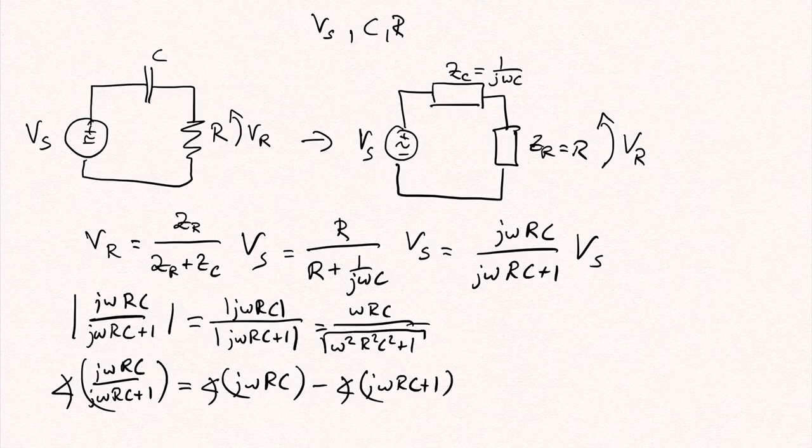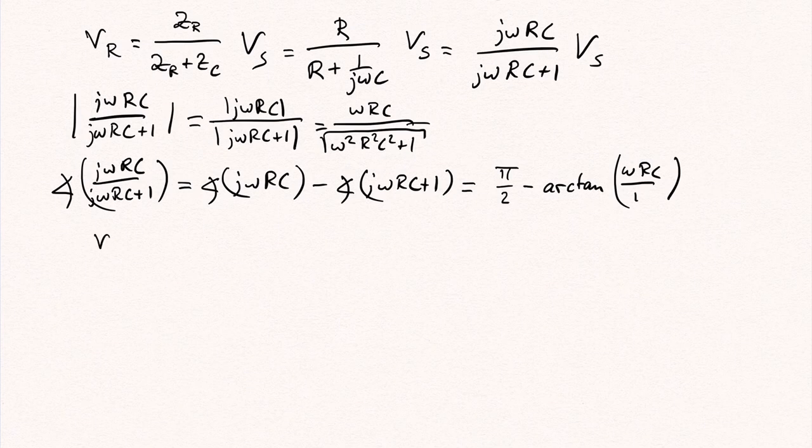The phase of the purely imaginary number j omega RC is simply pi half. And the phase of the complex number j omega RC plus 1, which is given in rectangular form, is the arcus tangens of the imaginary part, in this case omega RC, divided by the real part, which in this case is 1. Now let's assume that the phasor Vs doesn't have a phase.